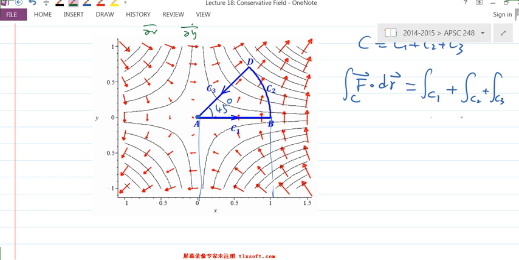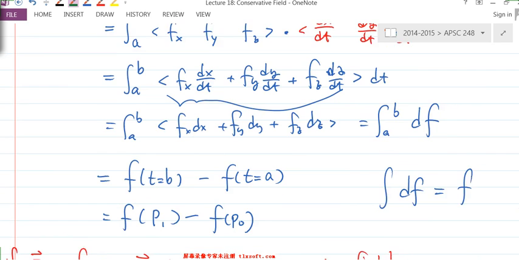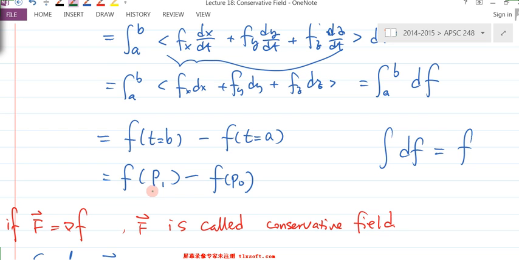So let's see. If I apply it to C1, what does the fundamental theorem of calculus tell me? I just need to calculate the value of the scalar function f at the end minus the value of f at the beginning.